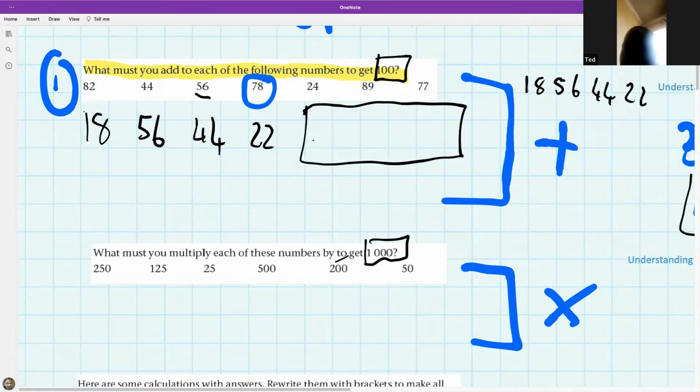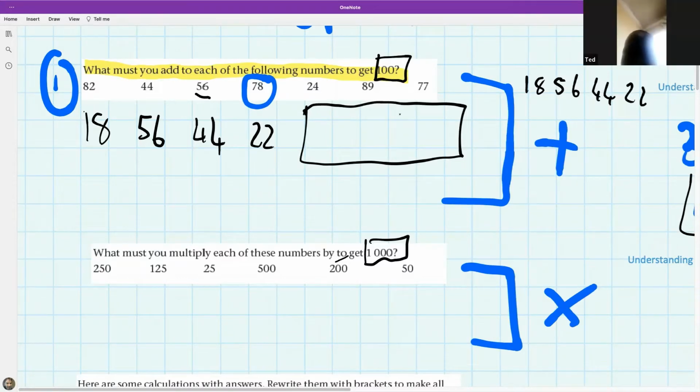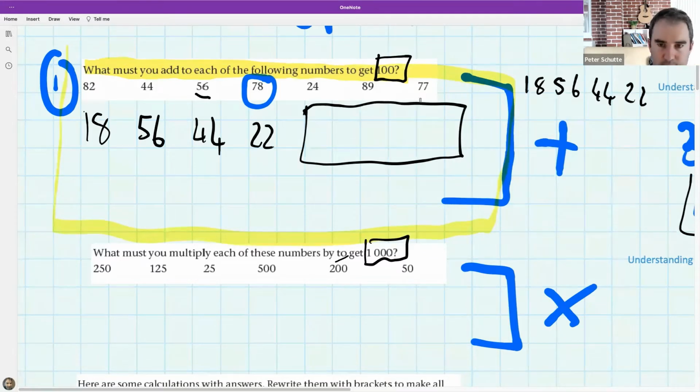So sir, for 24 and 89 and 77, we need to plus or multiply to get to 1,000. Okay, let's separate the two parts. So the top bit, let me get my big yellow highlighter. This bit over here is only a plussing question. It's only adding.